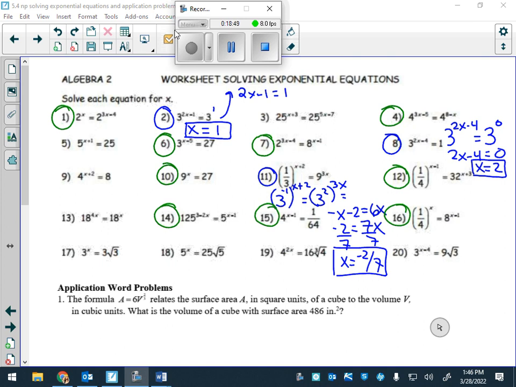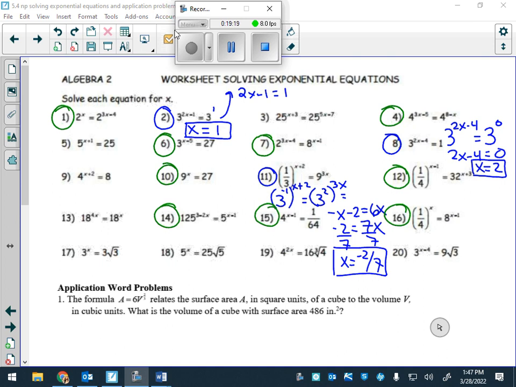Yeah, -2. 2 to what power will give me 32? The 5th power. Yep. So now we distribute: -2x plus 2 equals 5x plus 15. We have to remember we're distributing all the way through.